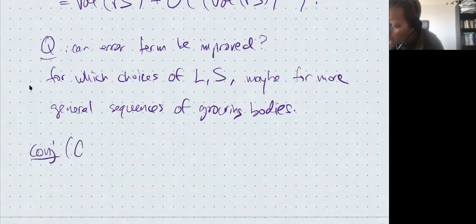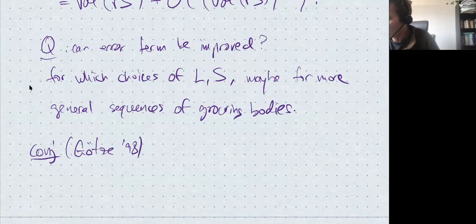This is a conjecture of Götze from 1998. It's about almost every lattice with respect to the Haar measure.